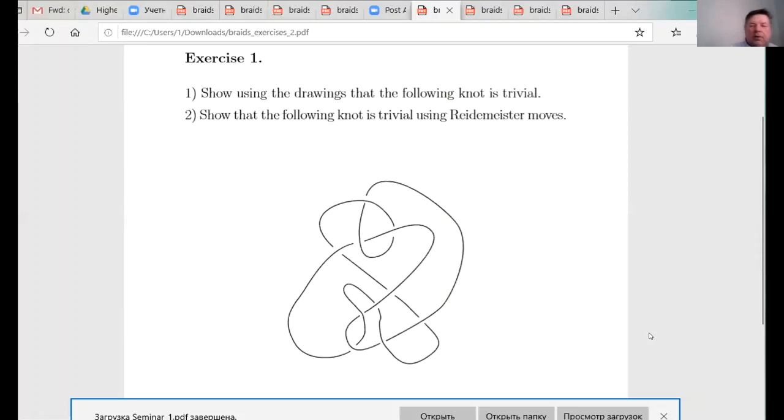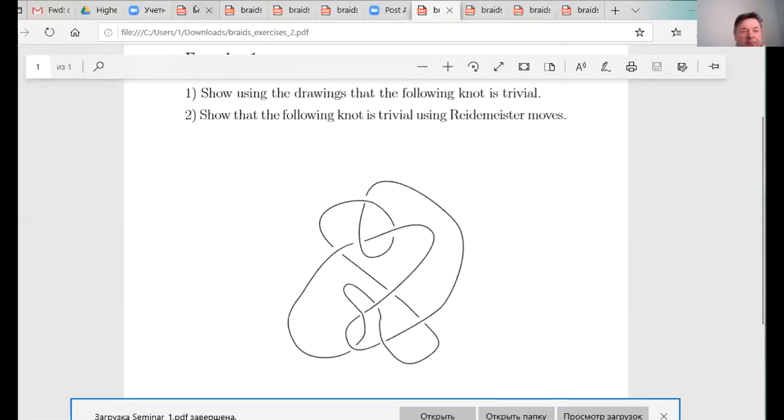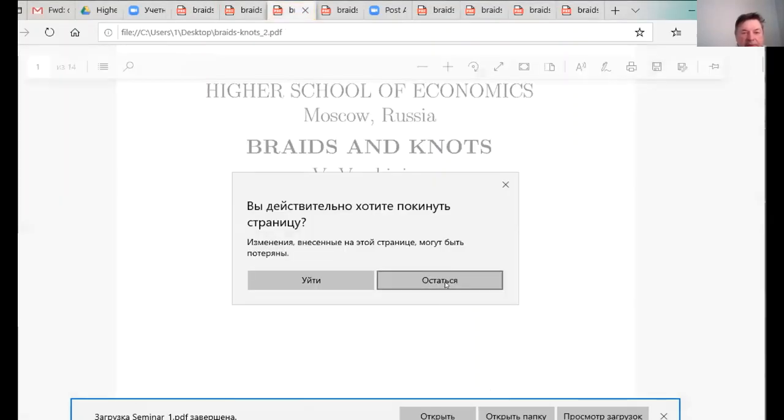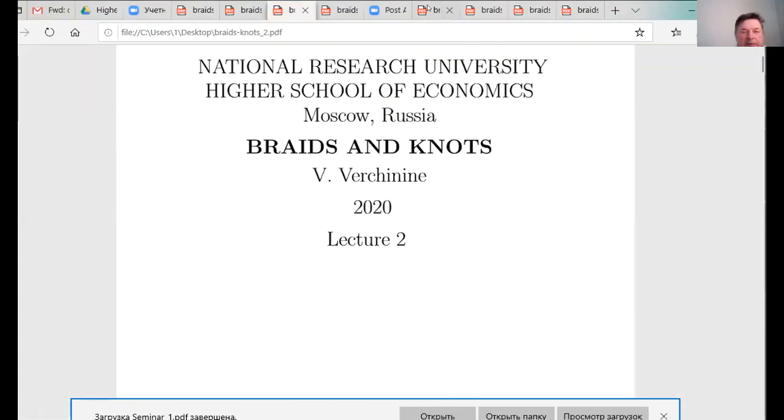And then again, as you've seen, this is a bit more tricky to use formally the Reidemeister moves. I have it on this screen, but I'm afraid, where is my Reidemeister? Sorry, Reidemeister. It was maybe lecture 3.